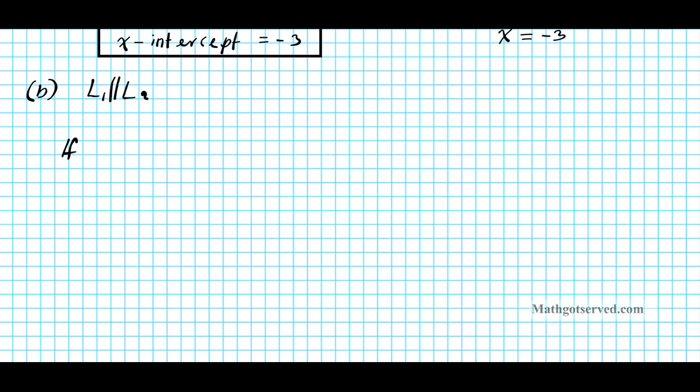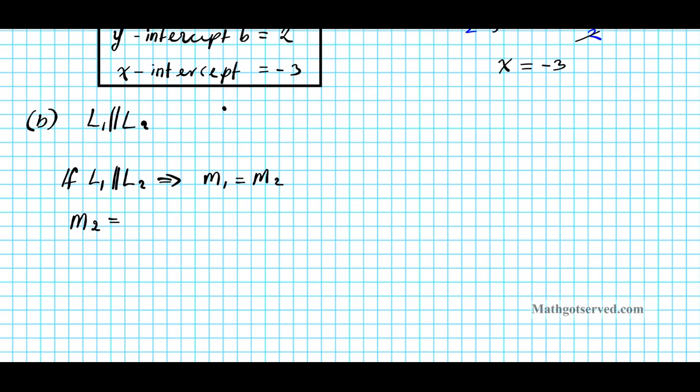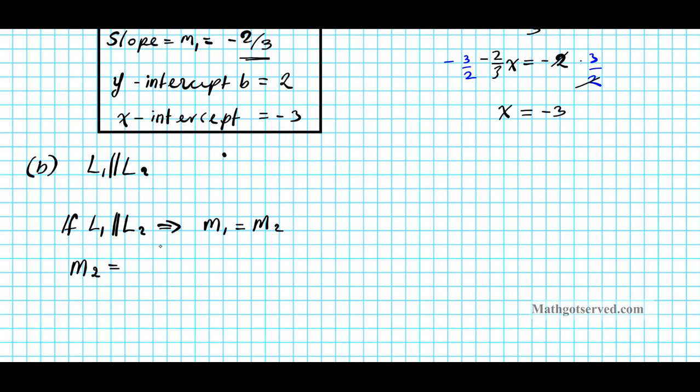Let's write down a note. If L1 is parallel to L2, then that implies that the slope of line 1 is going to be equal to the slope of line 2. So M2, the slope of the second line, is going to be the same as the slope of the first line, which is negative 2/3.